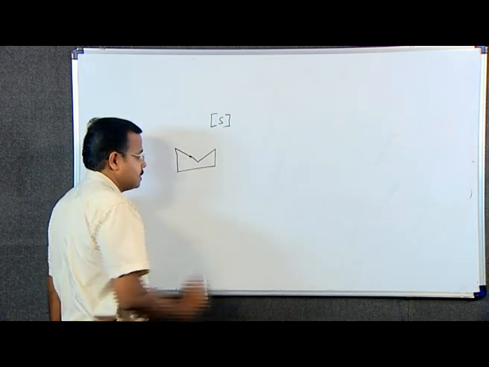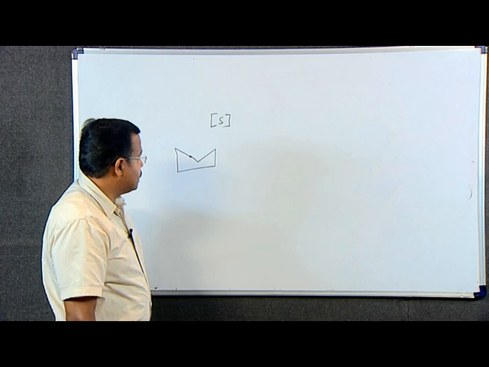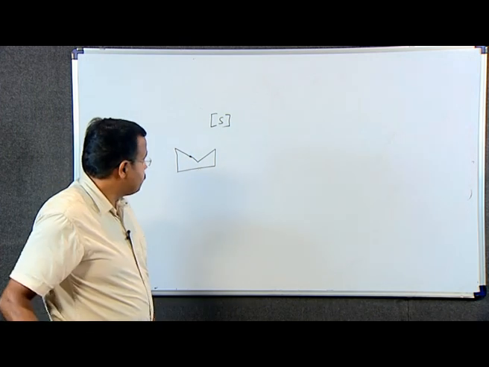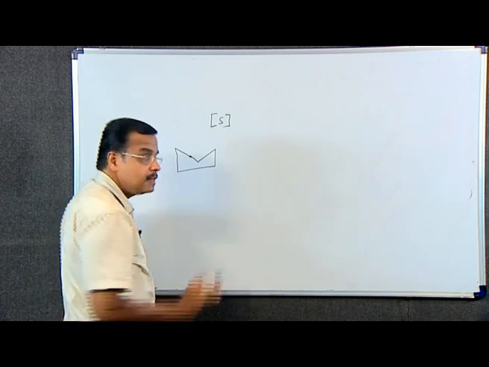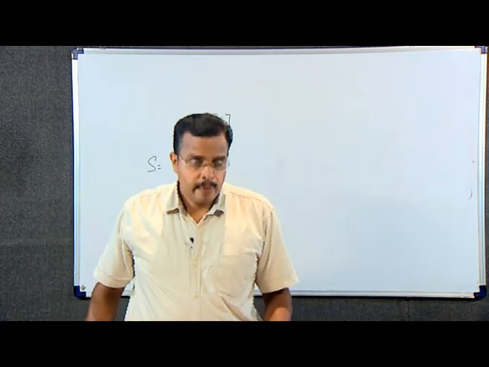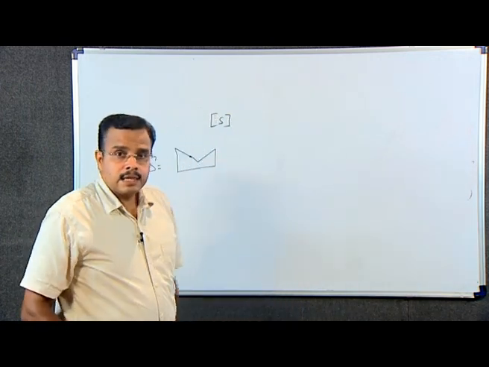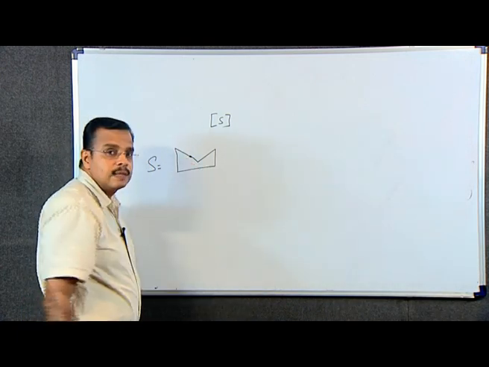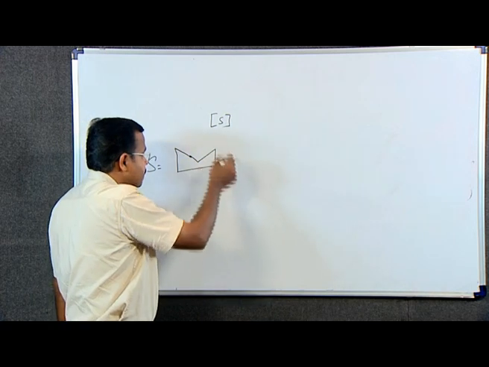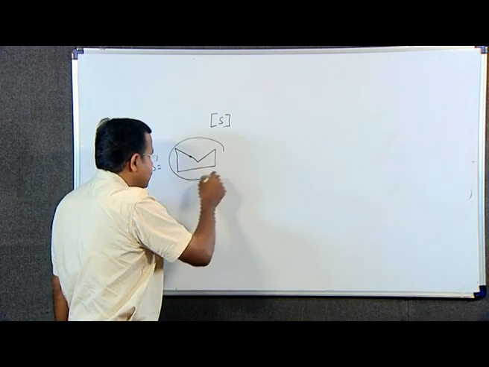Let this be a set S. Then the convex hull of the set S, the convex hull of the region S, is the intersection of all convex sets of which S is a subset. You can consider here this set.